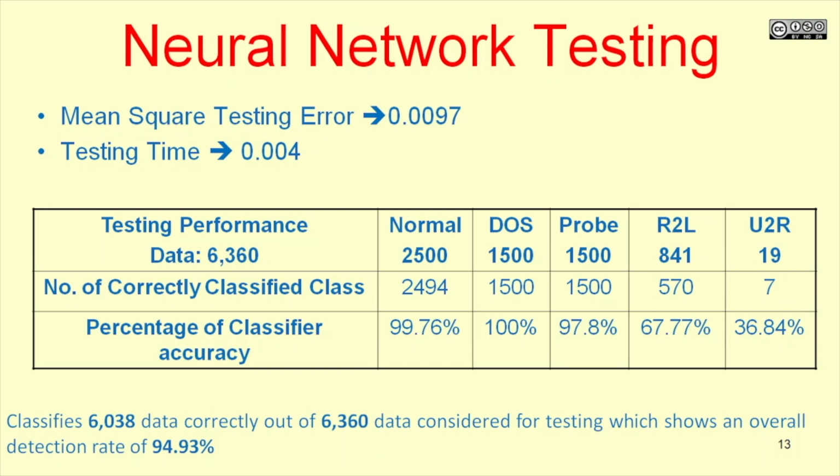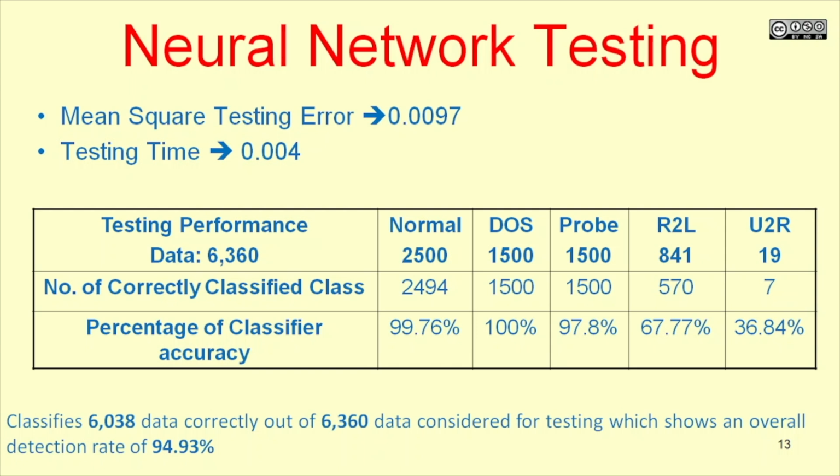Testing performance: we have considered 6360 data for testing the model. Out of that, the distributions of the classifications are shown here. Out of the 2500 data taken for normal, 2494 have been correctly classified.